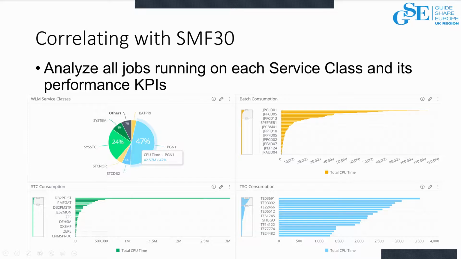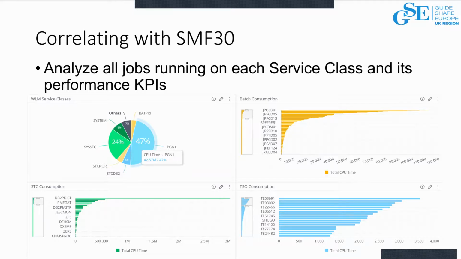Okay, and this is just a chart to show stacked the consumption of the different report classes day by day. Another interesting thing here, if you don't know exactly which jobs are related to the service class, you can correlate the SMF 72.3 with the SMF 30.